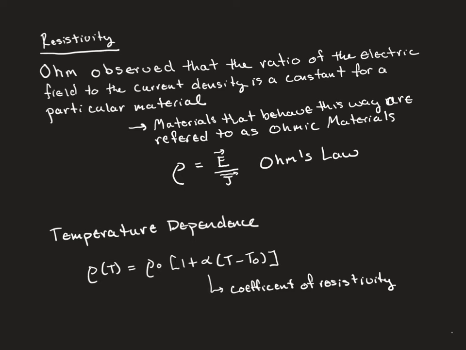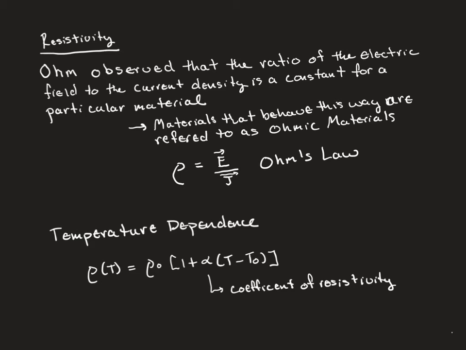Now we do have to keep in mind for resistivity, so the greater the resistivity, the greater the electric field needed to cause a particular current density, that it does actually have a temperature dependence, because remember, current density contains current, and current is the flow of electrons, but that flow of electrons is not just in a straight line because there are collisions that occur.